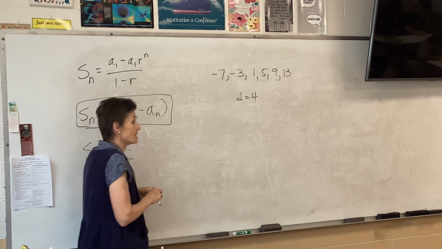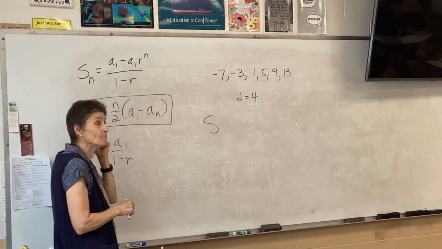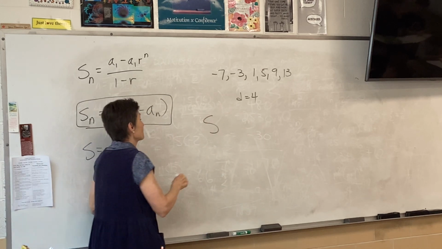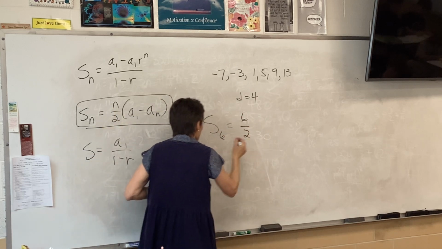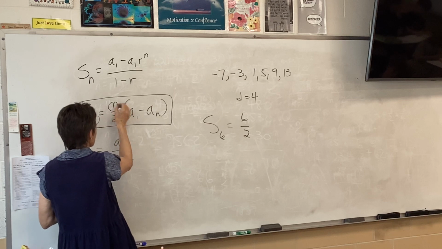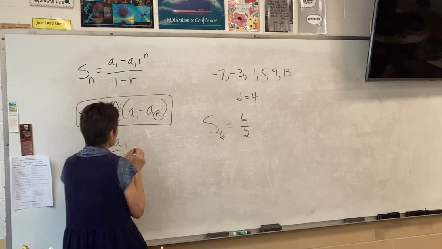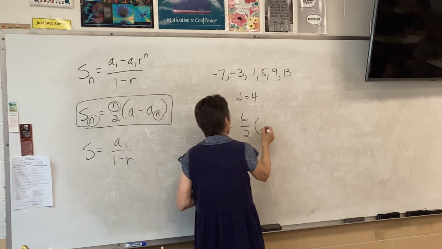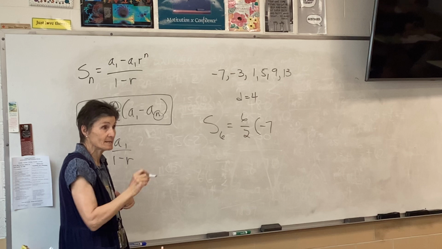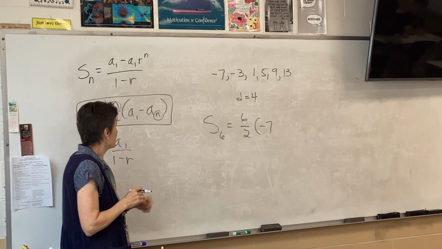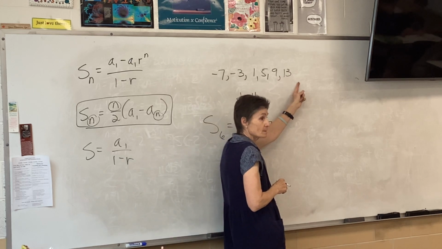All right, n is how many terms I have. Well, how many terms am I adding up? 6. So 6 over 2. Remember, every n is the same, so it's all 6 in this problem. So 6 over 2. a sub 1 is the first term. a sub 1 means term 1. And then a sub 6 means term 6.